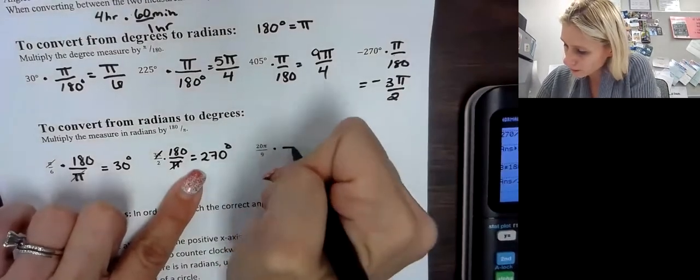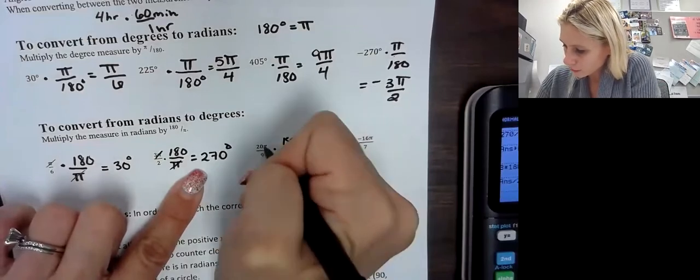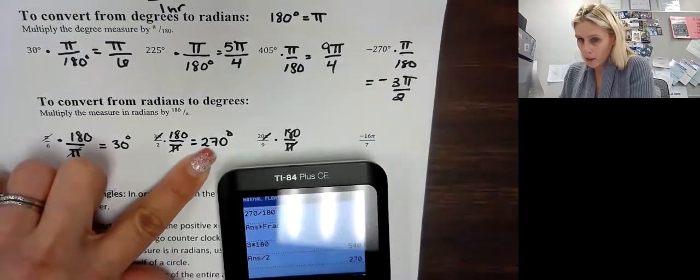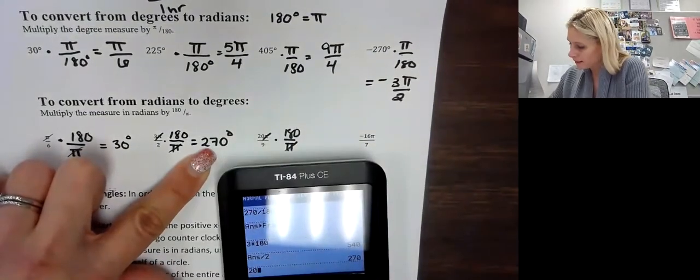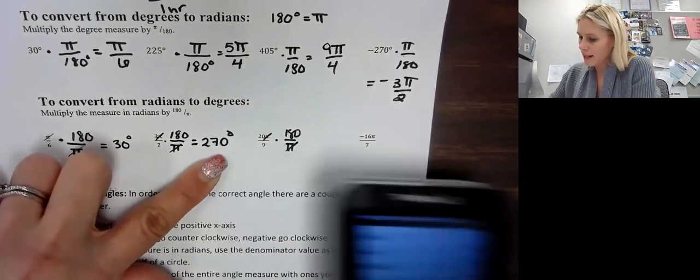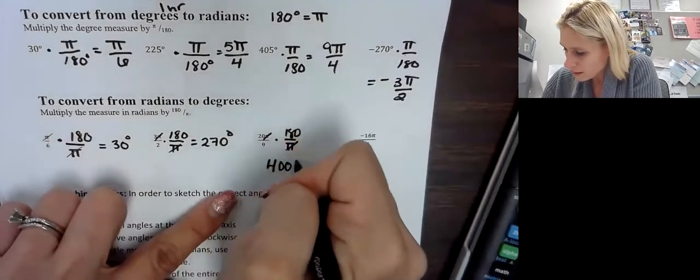Okay, times 180 over pi. Pi's cancel right away, so I don't even have to think about it. But again, I'm going to go 20 times 180 and then divide by that denominator, which is 9. So we get 400 degrees.